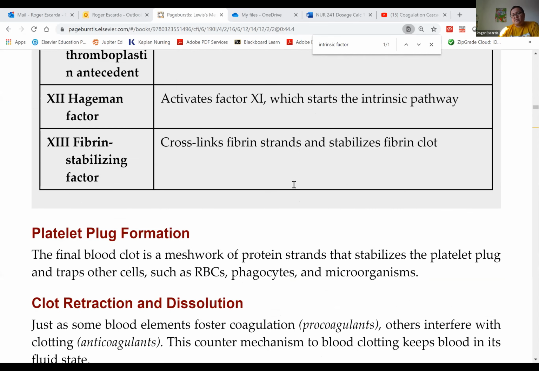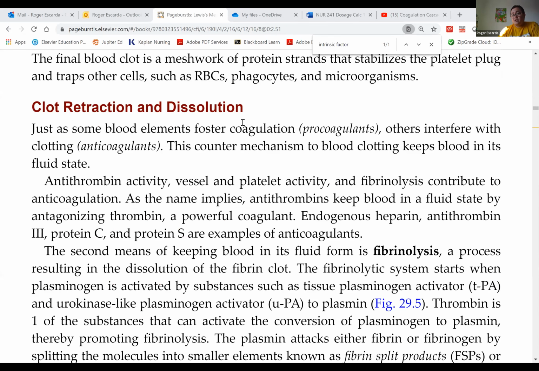The body will naturally retract and dissolve the clot naturally.